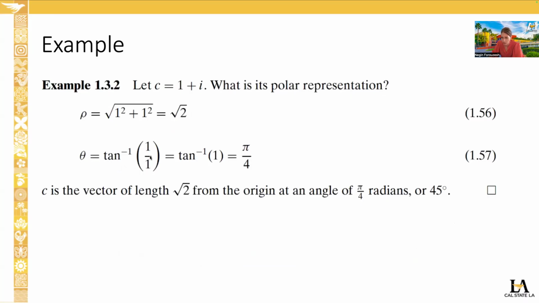You need to know a little bit of trigonometry. In quizzes or exams, I can give you these numbers, but hopefully you remember the very famous numbers. So pi divided by 4 has this tangent value of 1, and this is how you calculate it.